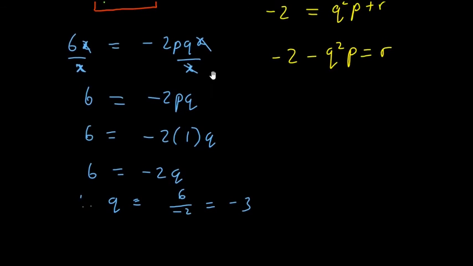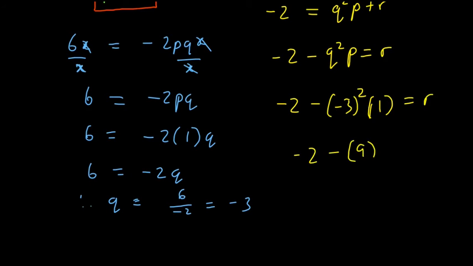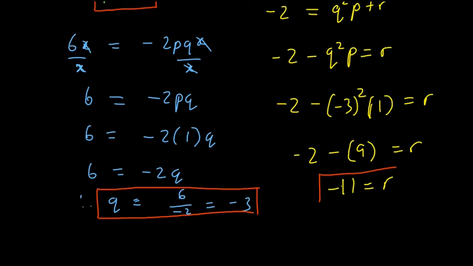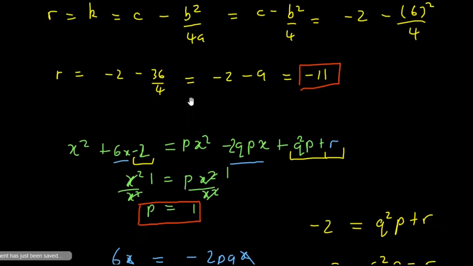With q as minus 3 squared and p as 1, it's now minus 2 minus 9 is equal to r. So minus 11 is equal to r. Of course we have our p, our q, and our r, and I think our results are consistent. So yeah, there are many ways to solve this problem.